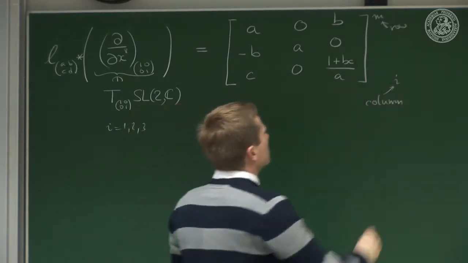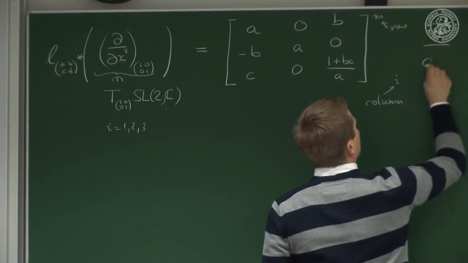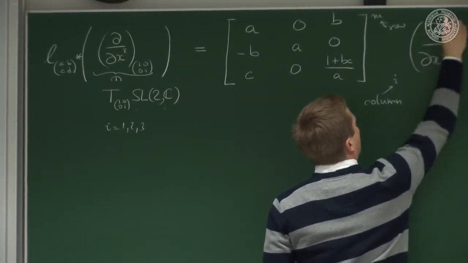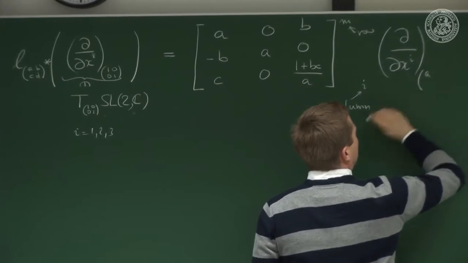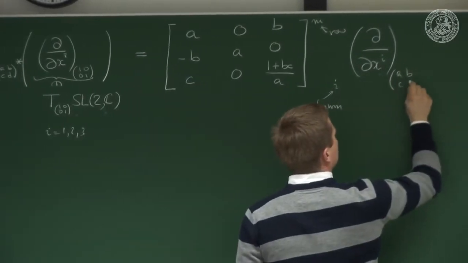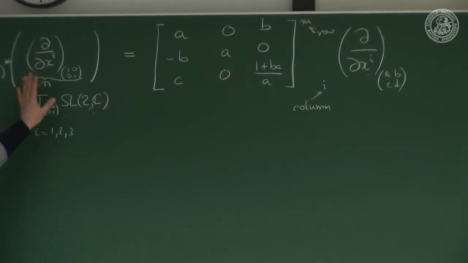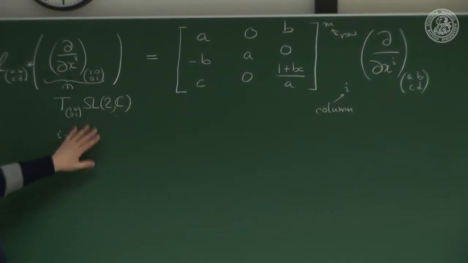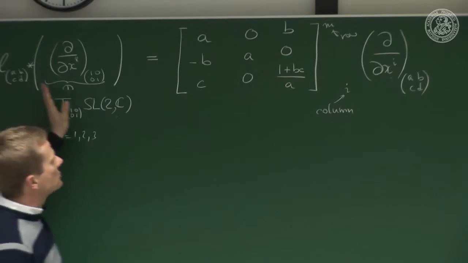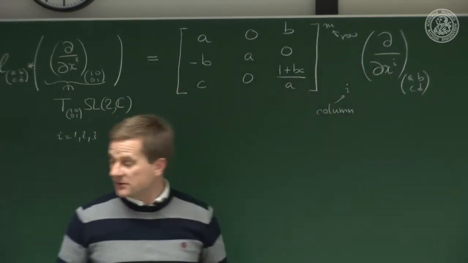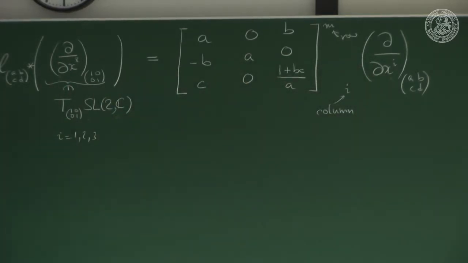And this is to be multiplied by d by dxi, but now at the point ABCD of the underlying SL2C manifold. So from three tangent vectors at a point, we construct three left invariant vector fields of this form.